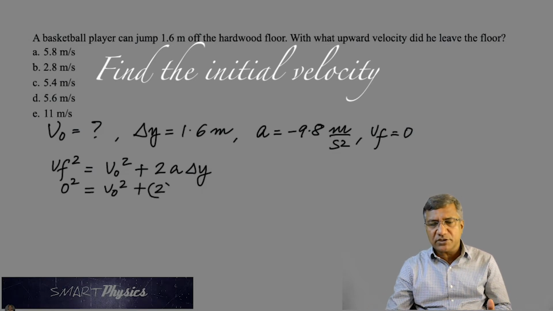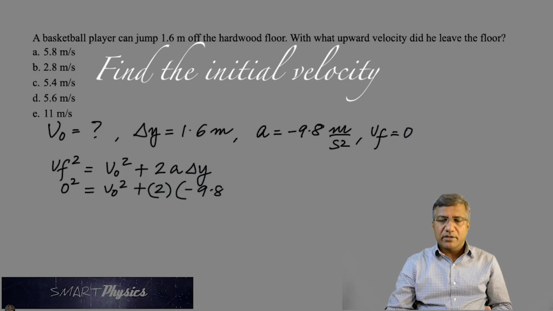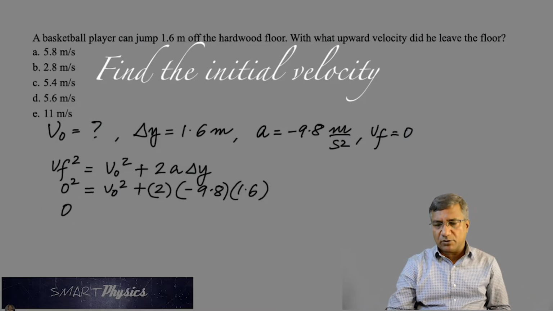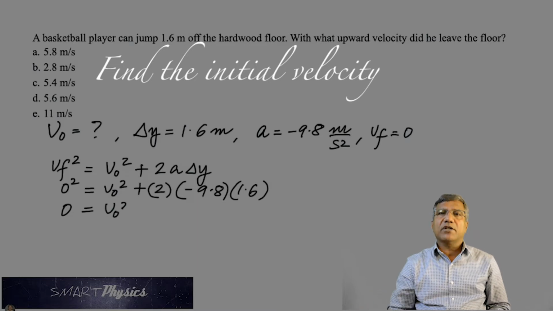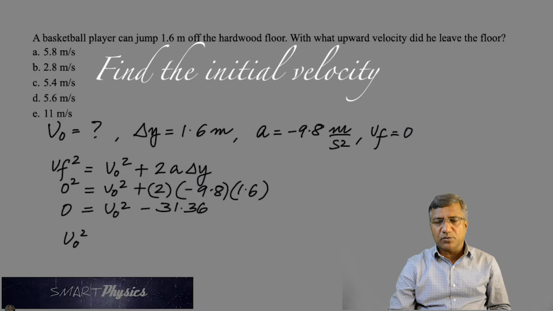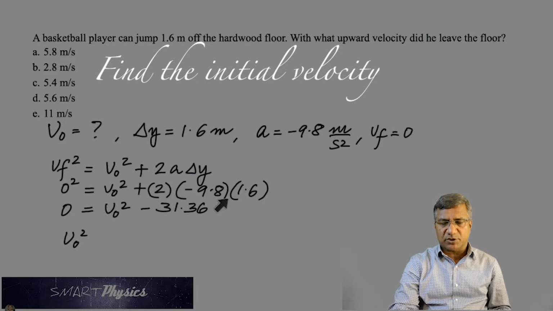Substitute the values carefully. 2 times negative 9.8 times 1.6. Remember, Vf is 0 and 0 squared is just 0. So you write V0 squared again, and all of this becomes negative 31.36 when you multiply these 3 terms.